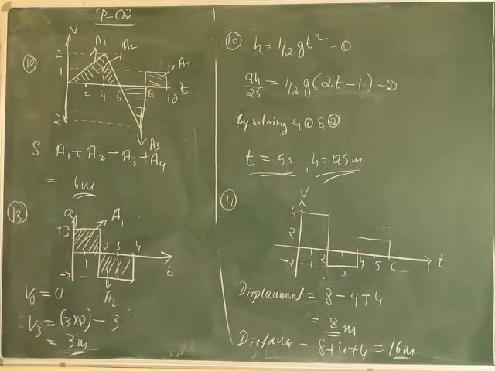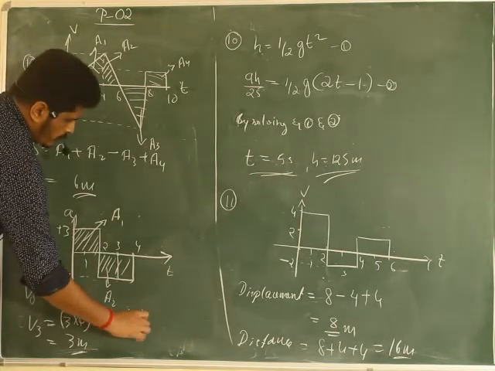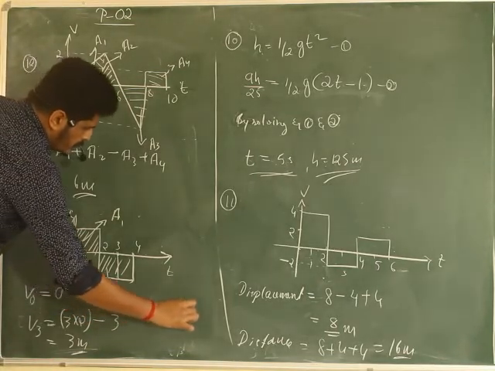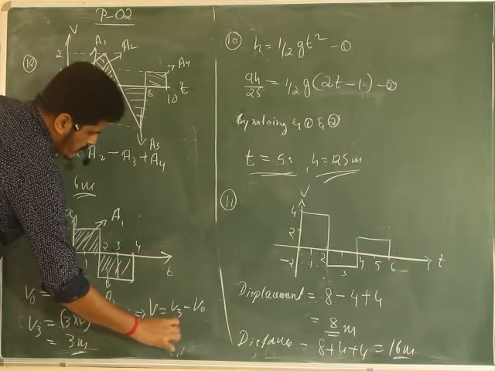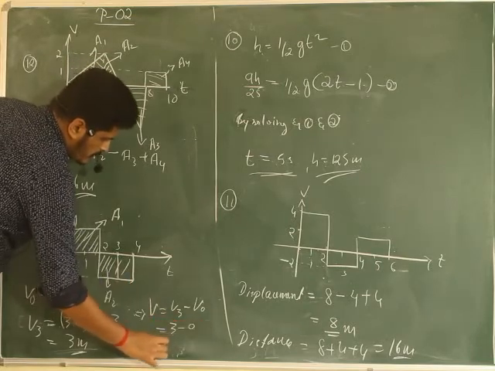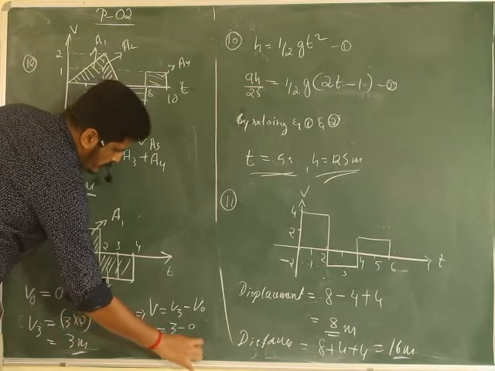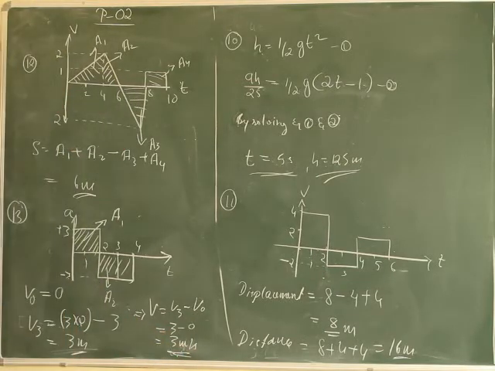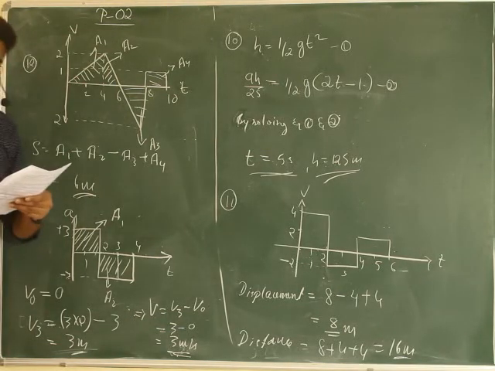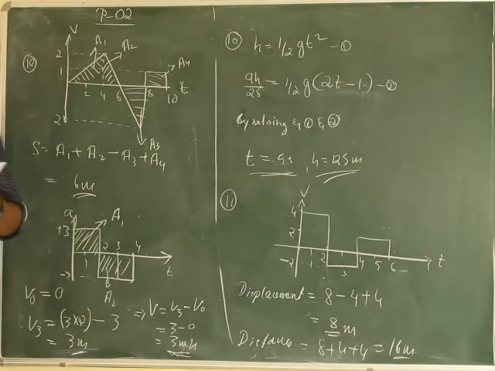They are asking for the velocity, final velocity minus initial velocity. Therefore V is equal to V3 minus V0, that is 3 minus 0. The answer is 3 meter per second. That is the option. For question number 13, the answer is 3 meter per second.